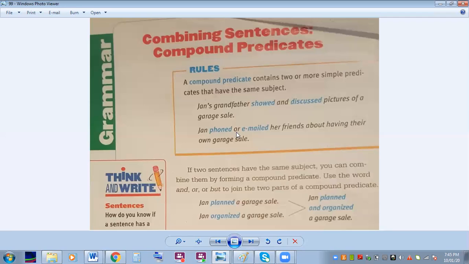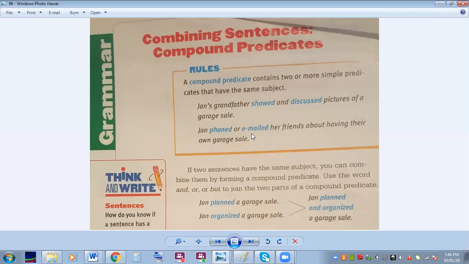Jan phoned or emailed her friends about having their own garage sale. What did Jan do? Jan is our subject. Jan phoned or emailed. So the first thing Jan did, phoned. My first simple predicate.